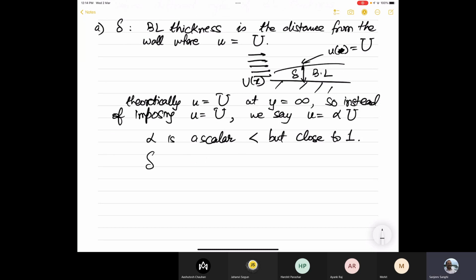And we represent the boundary layer thickness as delta alpha.